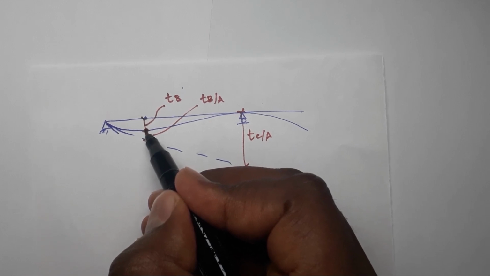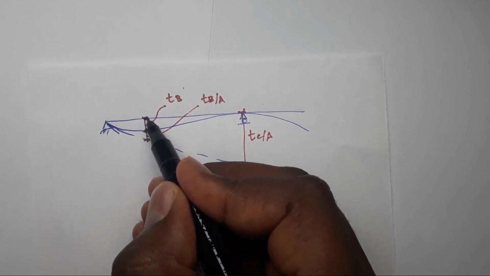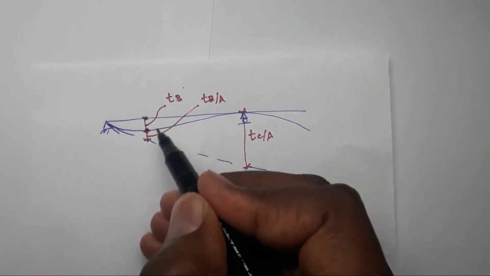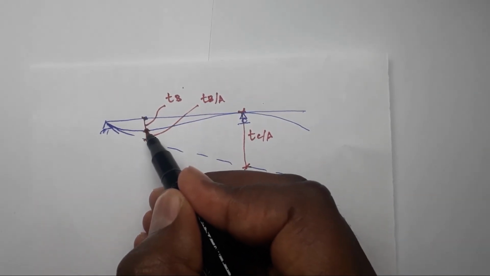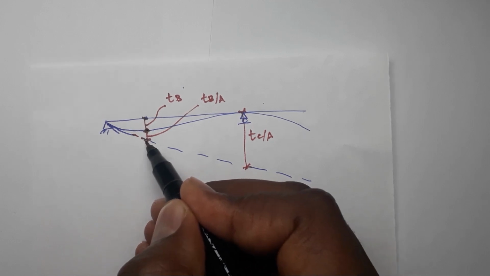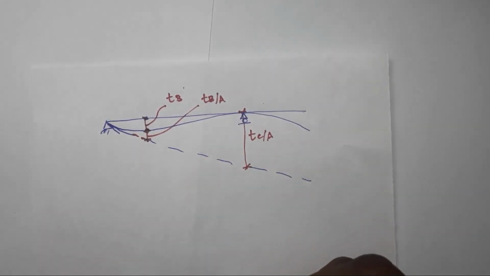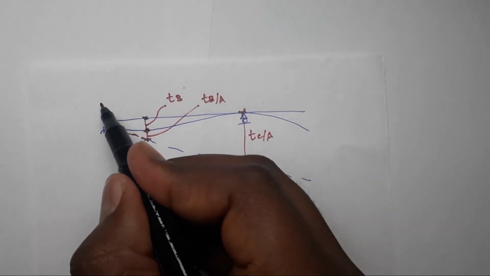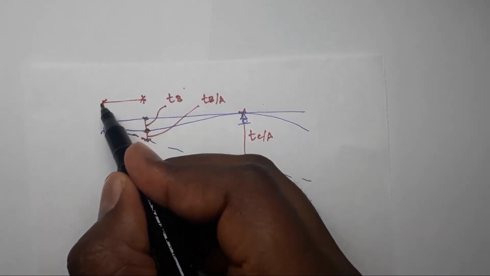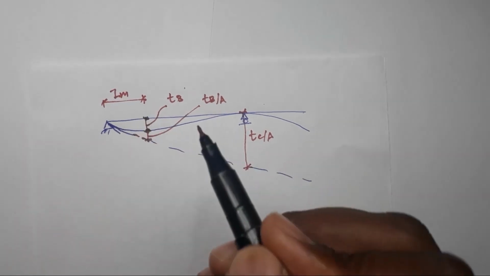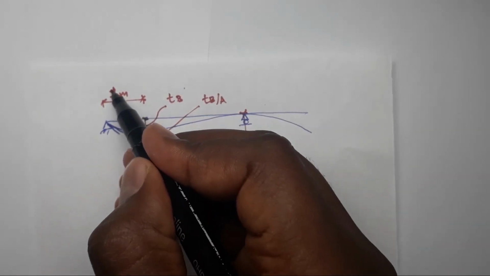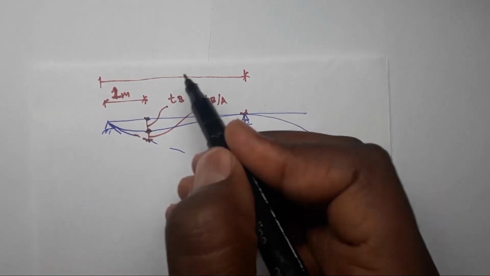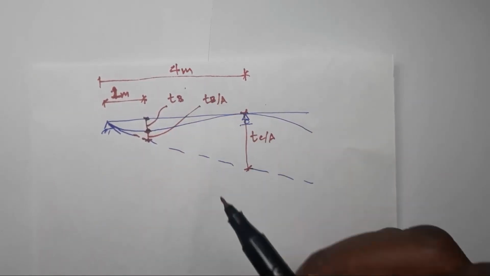So this is our point B. It was here and it has moved down to this point. So this is the translation of point B. But from here up to here, it is the translation of B with respect to the tangent A. So simply, the distance from here up to here is known to be 1 meter. And the total distance from here up to C is known to be 4 meters.